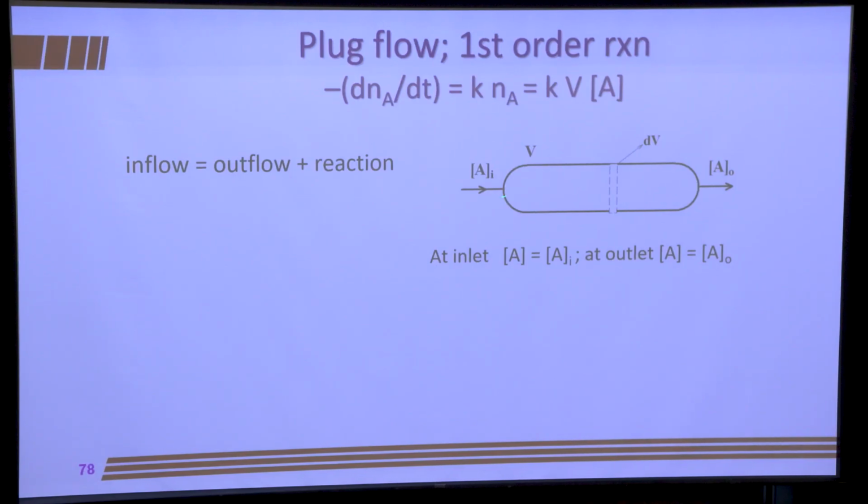And again, here we have the cylinder this time. And we have A at the inlet, A at the outlet. V is the volume of the reactor, and dV is a very small change in volume within the reactor. We'll come back to that in a second, okay?